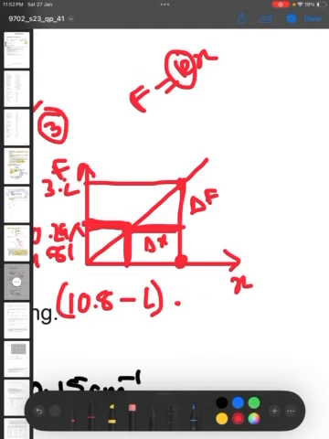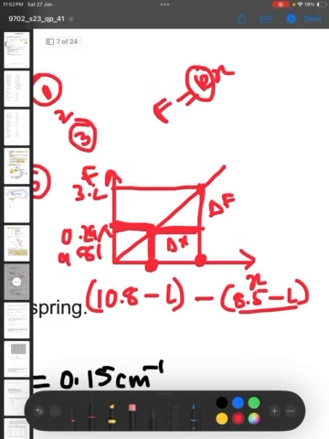Okay? And if I say 8.5 minus L, the original length, 8.5 minus L gives me also the extension at a particular time when the load was equal to 0.29 times 9.81. Me subtracting them, what am I doing exactly?